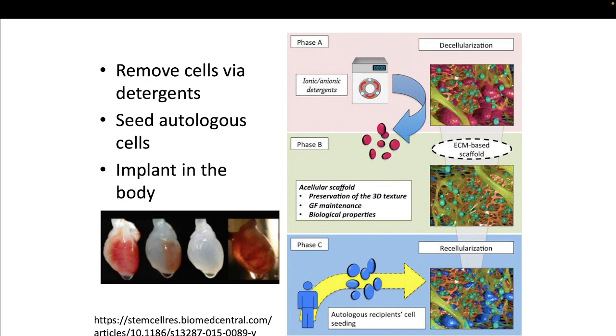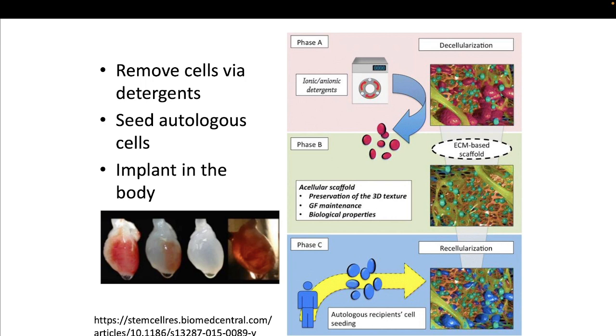By ghost organ I mean only the ECM is present in your organ, and this is known as decellularizing the matrix. Now you have this ECM-based scaffold from the donated organ, which you can implant into the patient's body. Because it has ECM, the patient's own cells will start repopulating this ECM scaffold, and they'll form the shape of the organ as it was originally when donated.